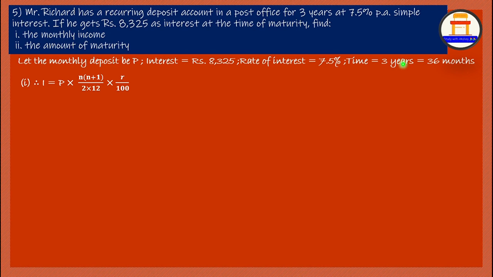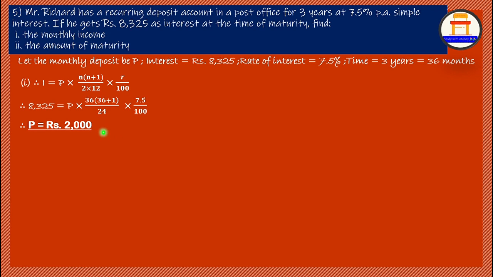Now we will substitute the known values to find the unknowns. So interest 8,325 equals P into 36 of 36 plus 1 into 7.5 divided by 24 into 100. Upon simplifying, we get P as 2,000 rupees.